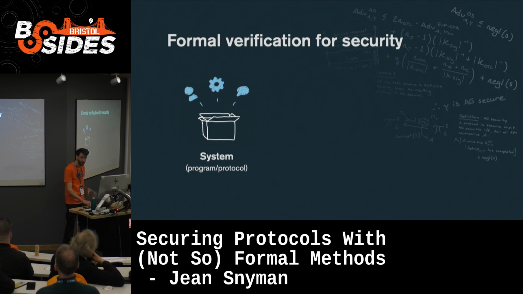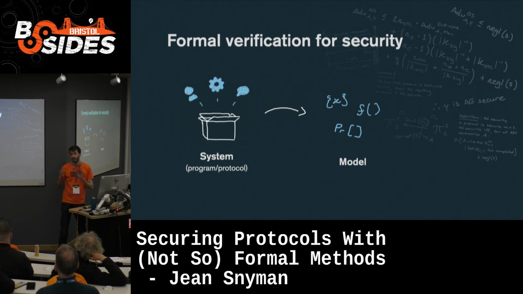And we can take these elements and model them using mathematical constructs. So we translate something in the real world into a conceptual model, basically. And we write all of this down in excruciating detail.